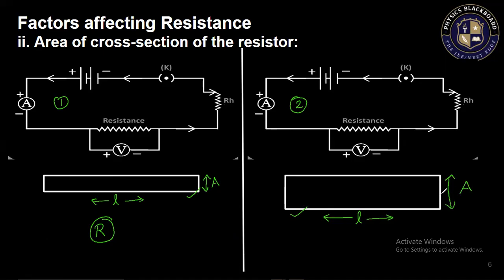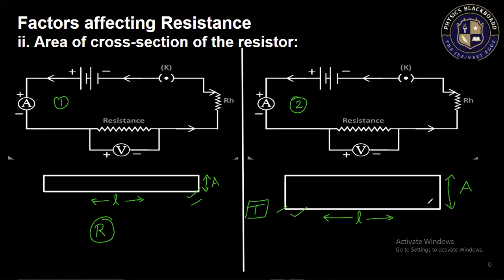The area of cross section of the second resistor is double that of the first resistor. And here the temperature remains constant again, and the nature of the material is the same in both cases. Now, the length, nature of the material, and temperature are constant in both cases.